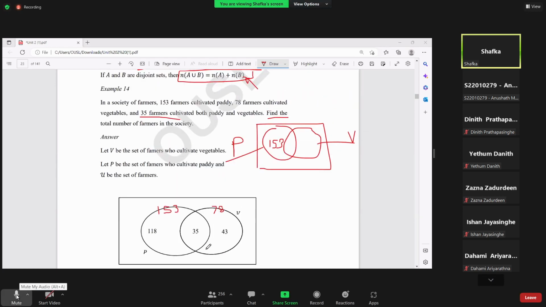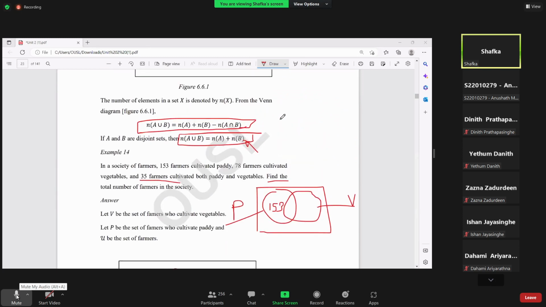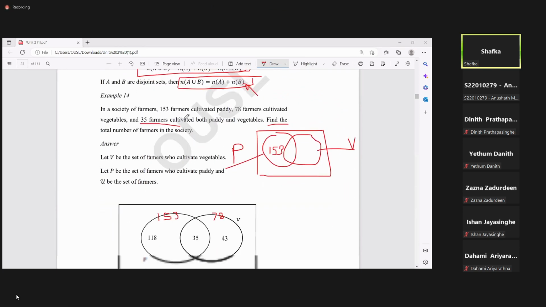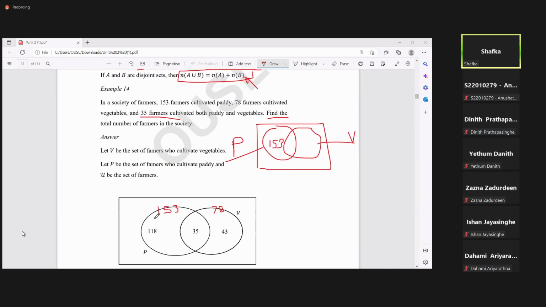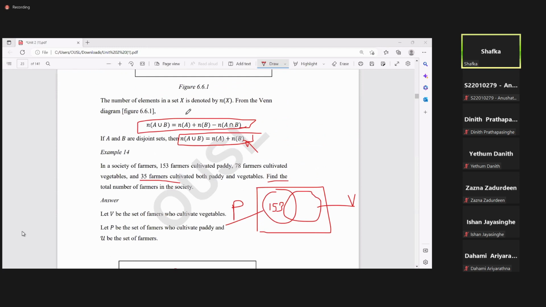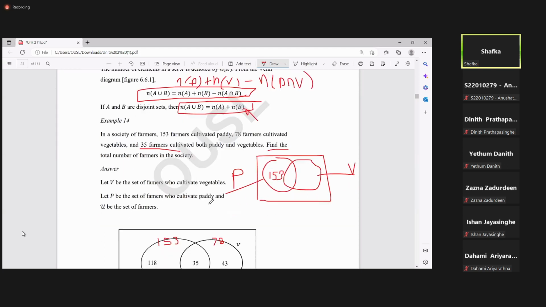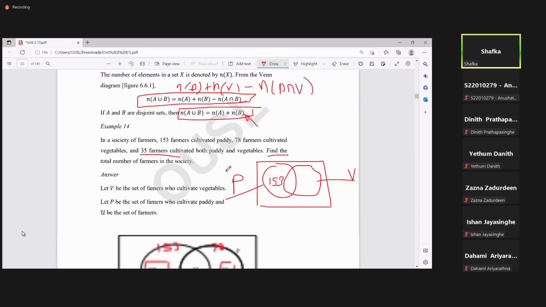Then if you are using this formula also, you can easily identify. The total number of farmers represents n(P union V), and you have the number of farmers who cultivated paddy, n(P), and the number of farmers who cultivated vegetables, n(V), minus the intersection, which is given. Isn't it? Easily you can apply this formula to this question.